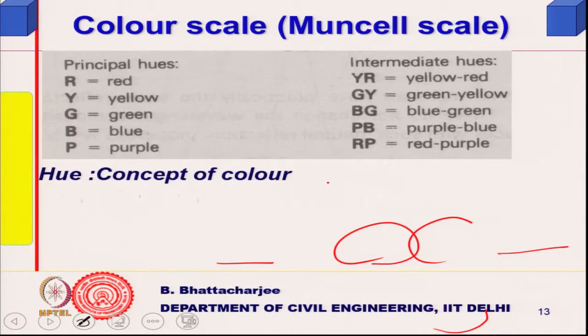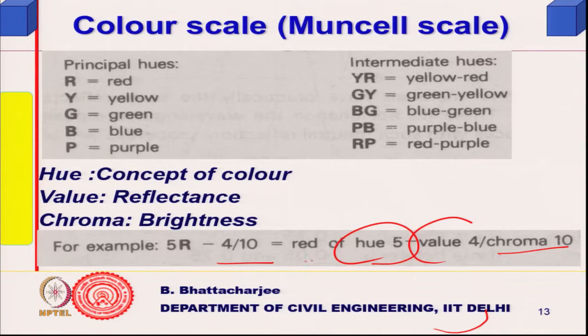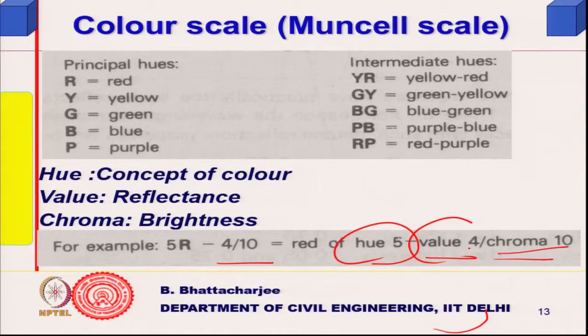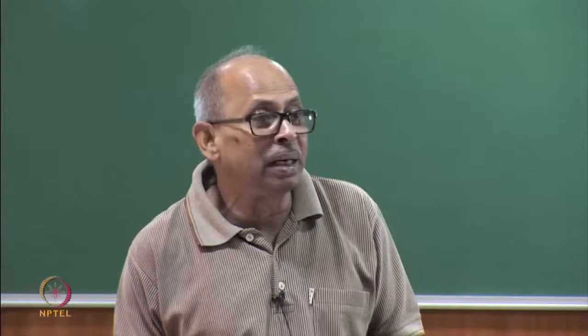It is expressed in this kind of scale. Red of hue 5 means it is not going towards yellow-red, it is an average red. Value 4 means reflectivity is not so high, 5 would have been average. Chroma 10 means relatively bright, it can go up to 18.